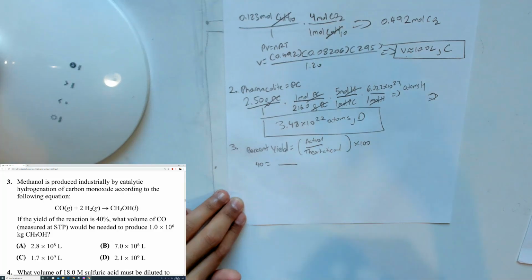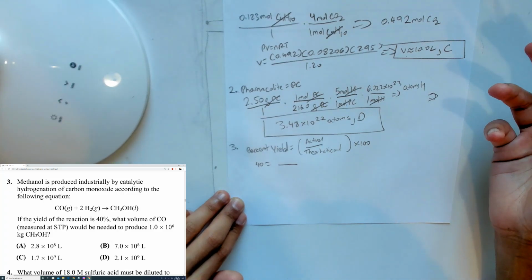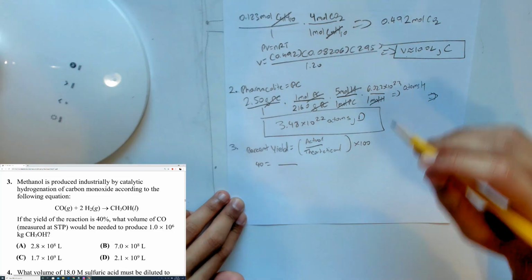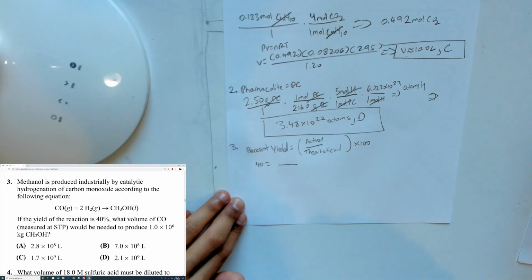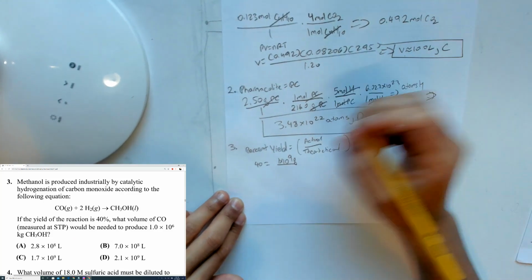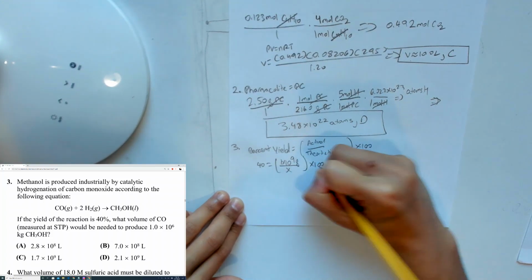The actual amount we get is 1 million kilograms of methanol, so we must find the theoretical amount to account for the inefficiency of the reaction. So we have 1 times 10 to the 9 grams, and we want to find X in this equation.